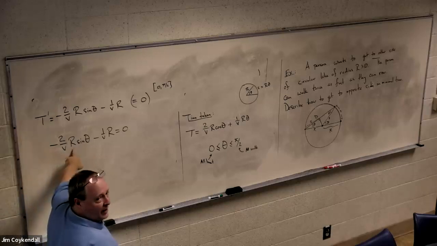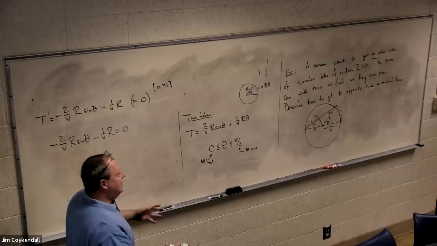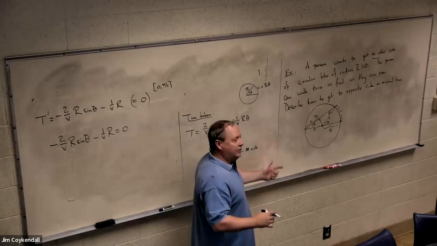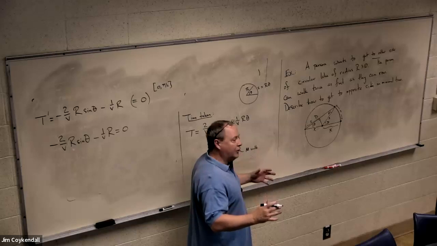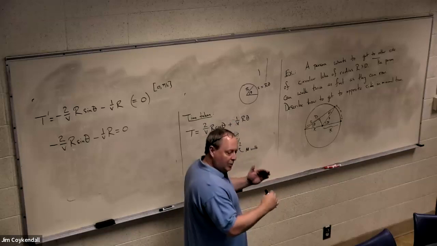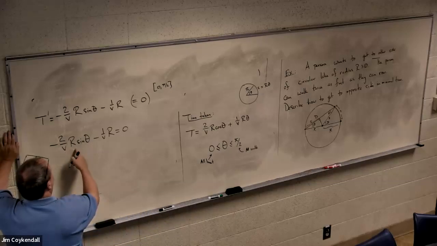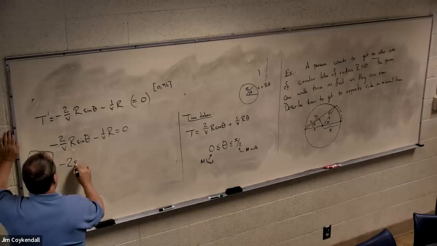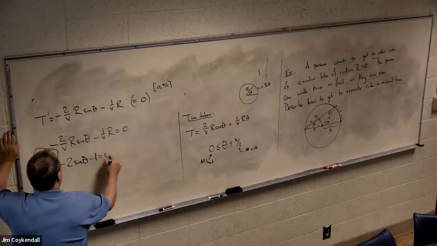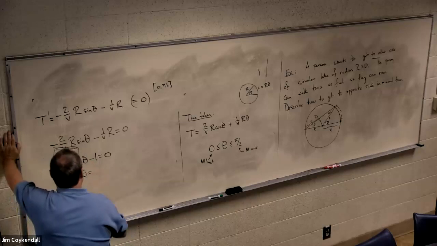Here's one of the things that is a good hint in this problem. The r's cancel and the v's cancel, which means neither r nor v makes a difference on the answer. Given that it's a circle, this answer should only depend on theta. It shouldn't matter how big the circle is, and it shouldn't matter how fast you row the boat. It only matters that the ratio between the walking speed and boating speed is constant. So if I get rid of the v and the r, I get minus 2 sine theta plus 1 equals 0.